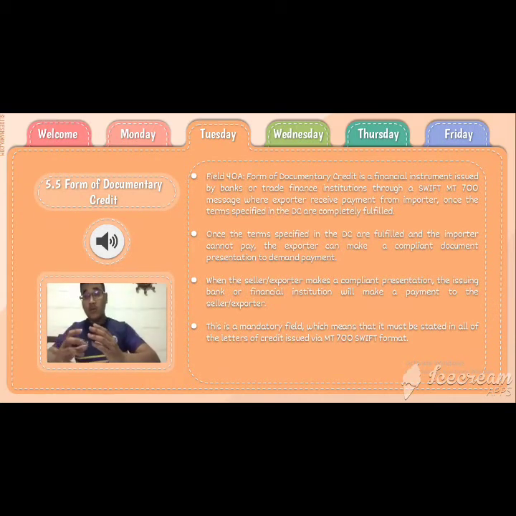You want to know what SWIFT stands for. SWIFT is the acronym for Society for Worldwide Interbank Financial Telecommunication. While MT 700 is used to indicate the terms and conditions of the commercial documentary credit.